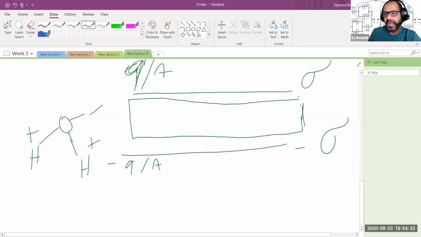But if they are random, they cancel one another and we don't really have any problem. But now the presence of these positive charges on the top plate will reorient this molecule, I know I'm talking about water, but any medium in here will do, so that the negative side will be closer to the positive side and vice versa.